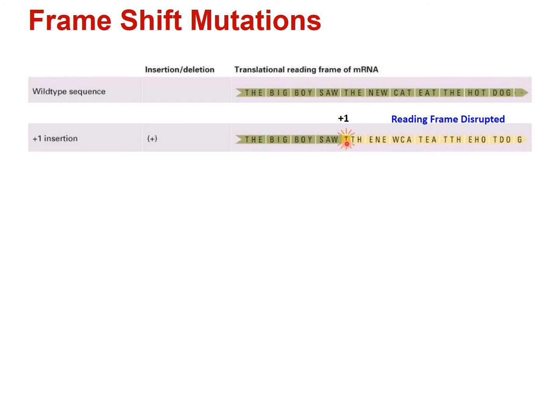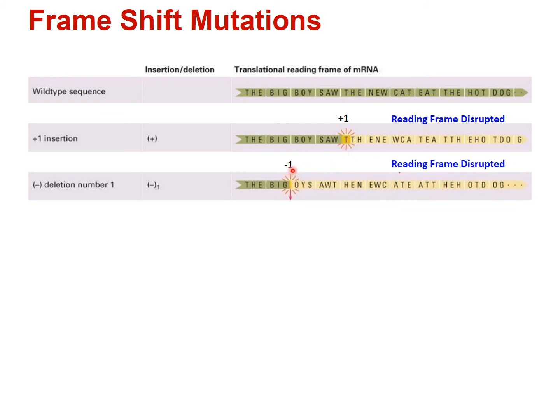Now all of a sudden, if we're reading 3-letter words, we have TTH, which is no word, ENE, which is no word. So the reading frame is disrupted. Keep in mind that all this information is still in there, but now it's out of what's called register. It's out of frame. Same thing happens if you delete one. We get out of frame.